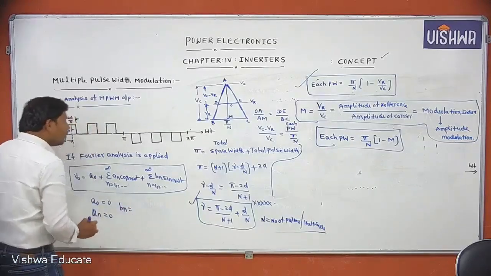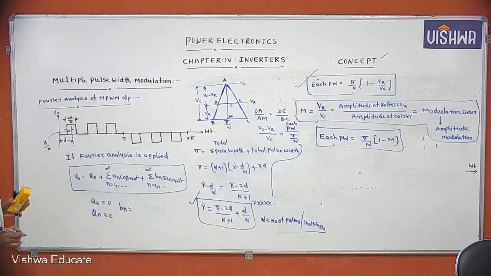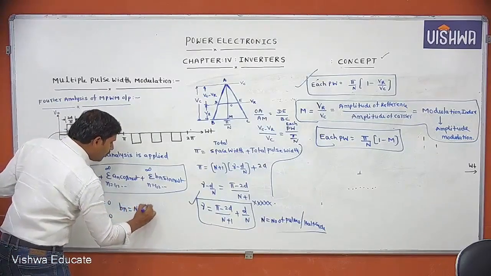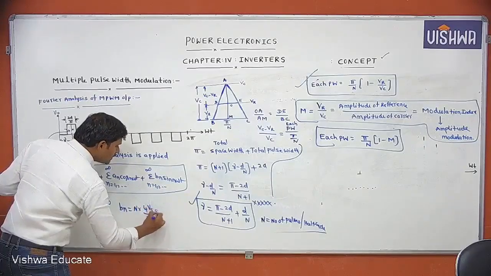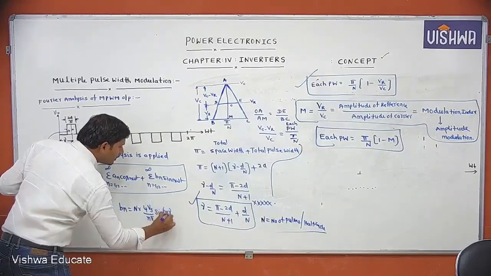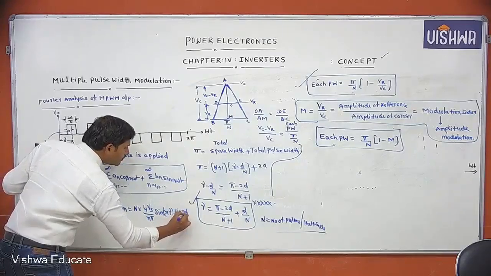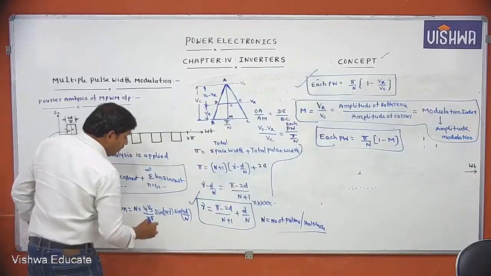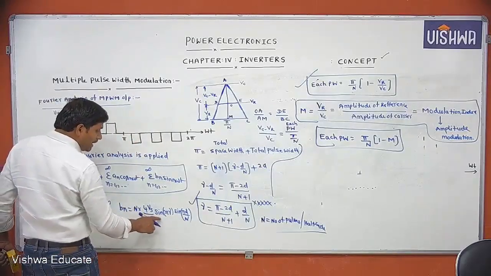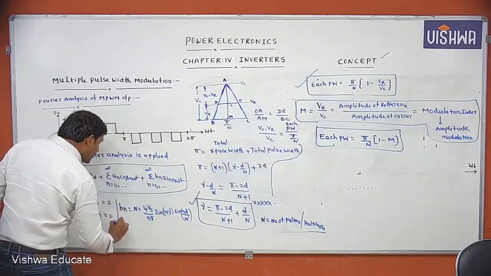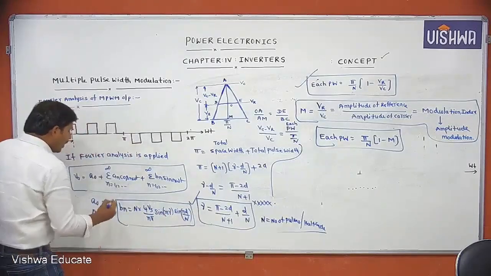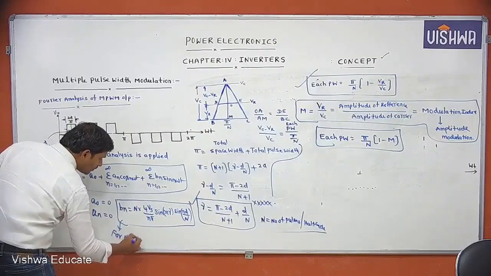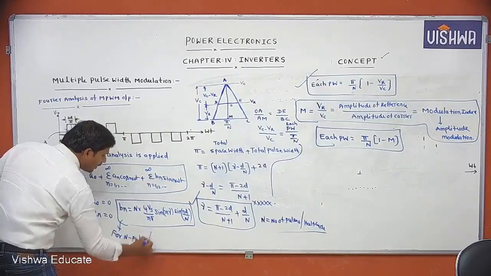The value of Bn, here I am giving the generalized formula for n pulses, equals 4 Vs by n pi sin n gamma sin nd by 2. Sorry, sin nd by 2. This is the value of Bn for n pulses, a formula for the half cycle.